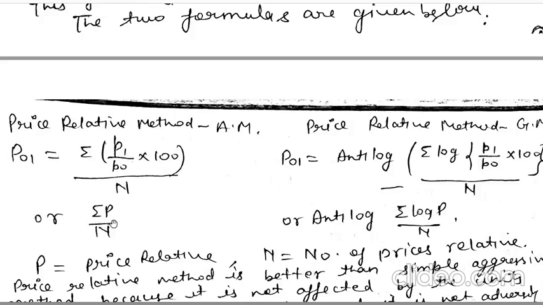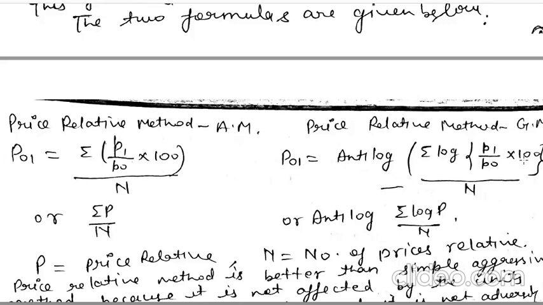You can write this as summation P upon capital N. And price relative method for the geometric mean is P01 is equal to anti-log summation log P1 upon P0 into 100, because geometric mean means it is the nth root of all the variables given in the series or data, right?